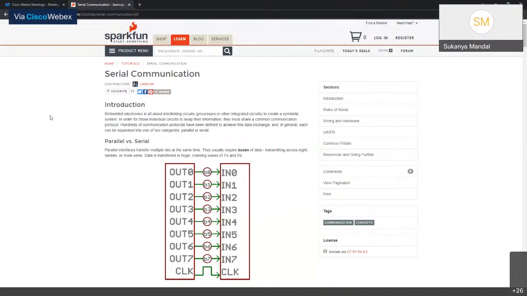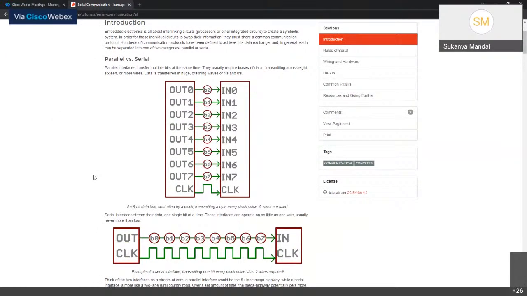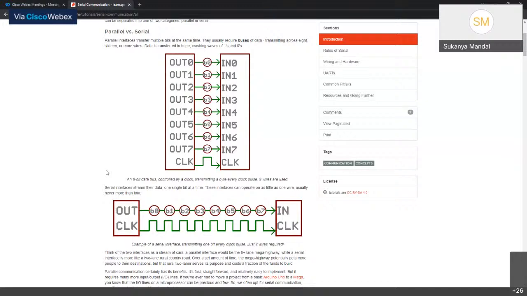Going by that basic foundation of parallel and serial communications, we will cover various communication protocols at the hardware level. People from an electronics background would know what parallel versus serial communication entails.